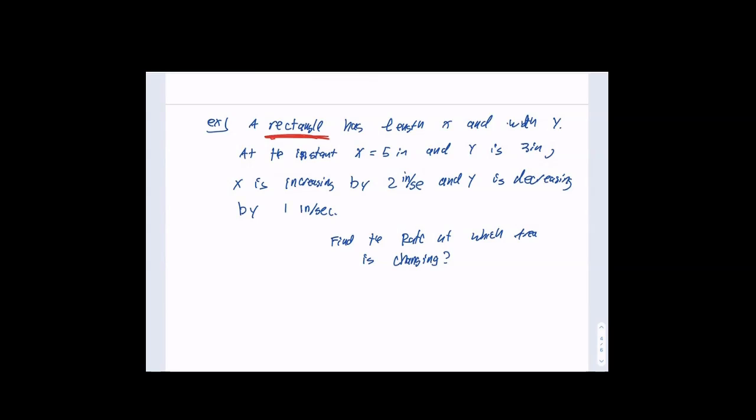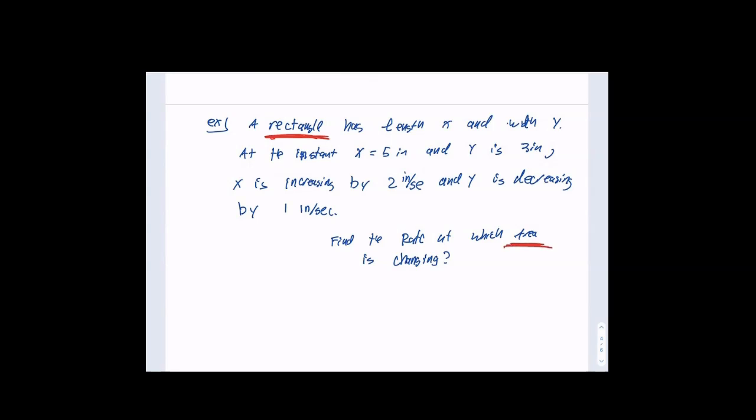We're starting with the basic formula. That's always going to be at the forefront of everything. What is the shape? What is the formula? Area.